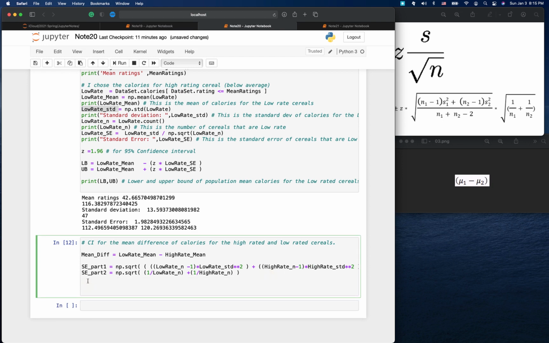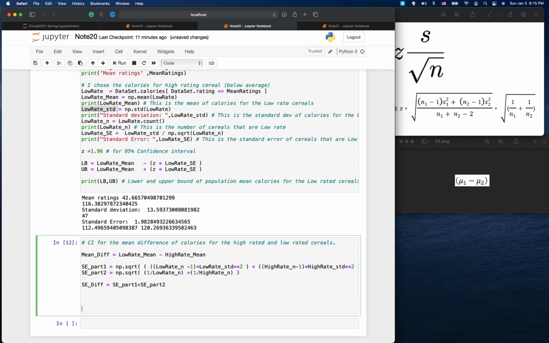So what was the SE difference? It will be this one multiplied by this one. And then how can I find the lower and upper bound?